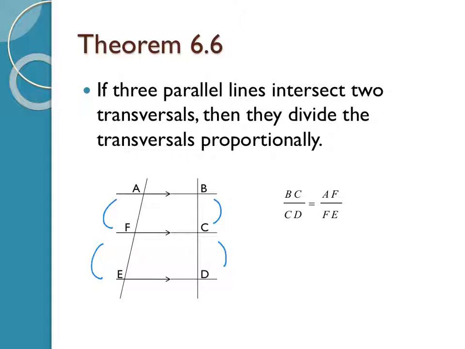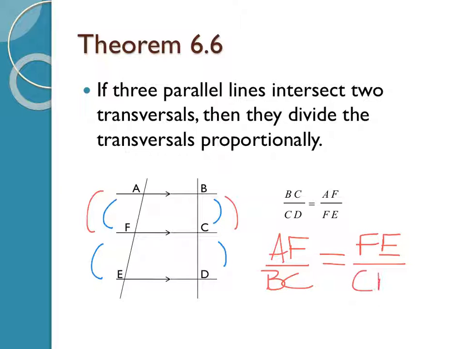Now, you could also say that the left top over the right top is equal to the left bottom over the right bottom. So this would be another way you could set up your proportion.